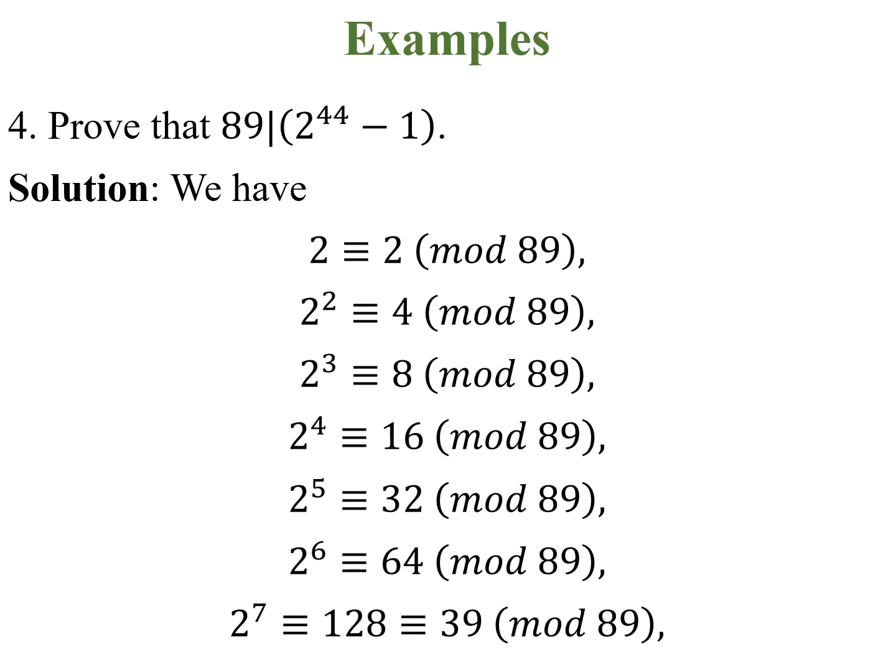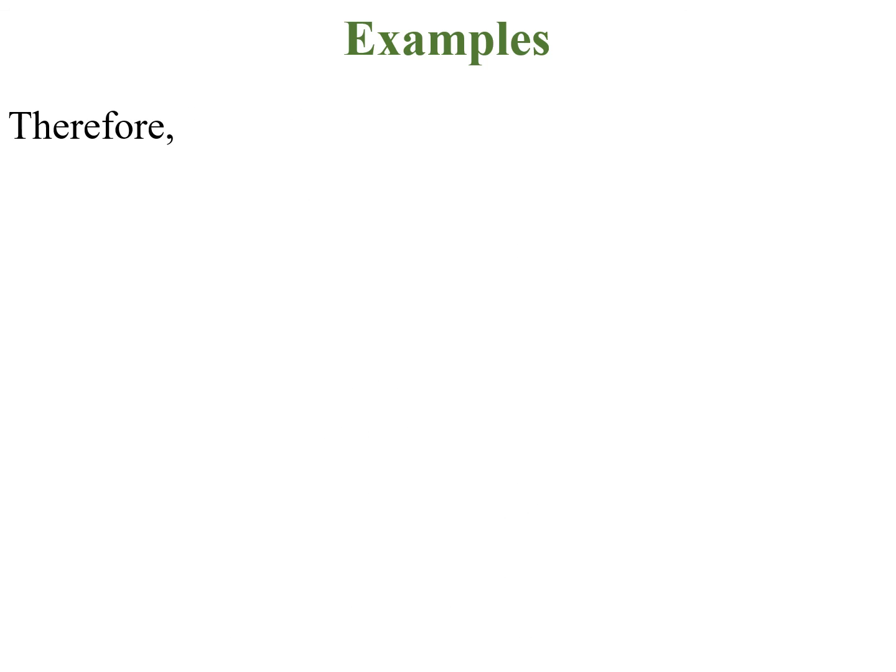Now 2 raised to 8, how can we get 2 raised to 8 from 2 raised to 7? Just multiply 2 raised to 7 by 2. So 2 raised to 8 will be congruent to 2 times 2 raised to 7, but 2 raised to 7 is congruent to 39. So 2 raised to 8 will be congruent to 2 times 39.